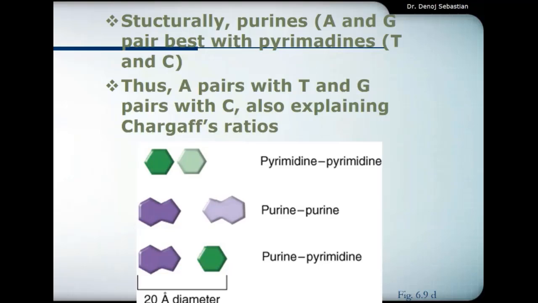But actually, the 20 angstrom or 2 nm width of the DNA is contributed by a 2-ring structure, that is a purine, and a single ring structure, that is a pyrimidine. So the overall length of the step of the ladder, that is a pair of nucleotides, is about 3 rings in length, and that length is 2 nanometer.